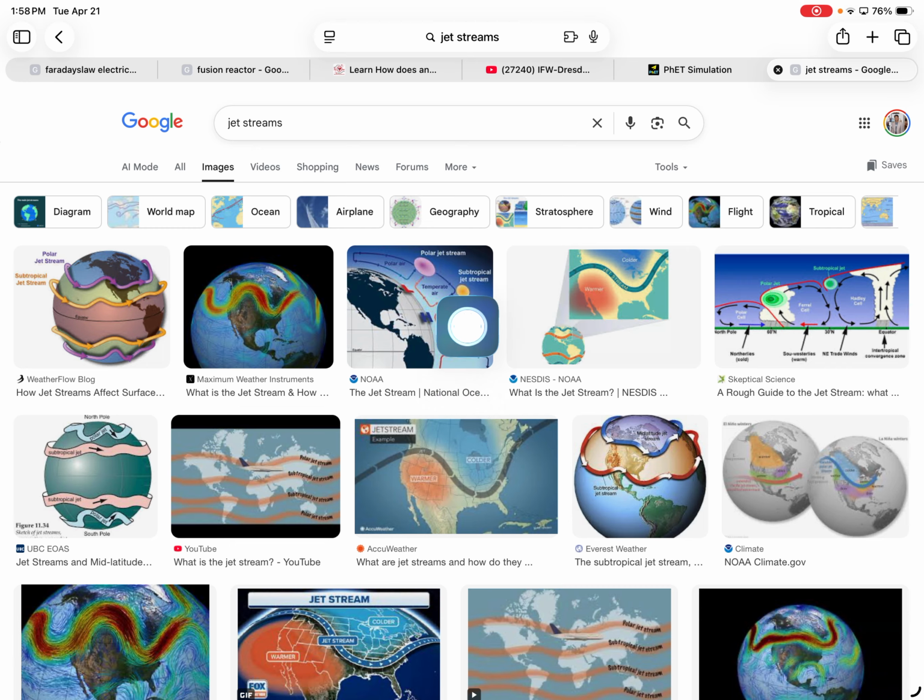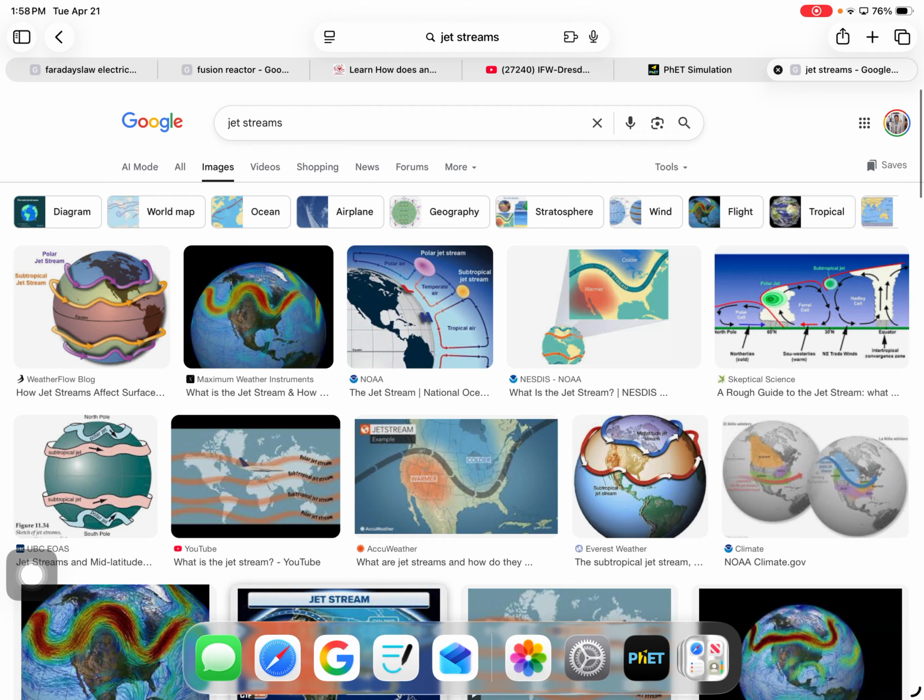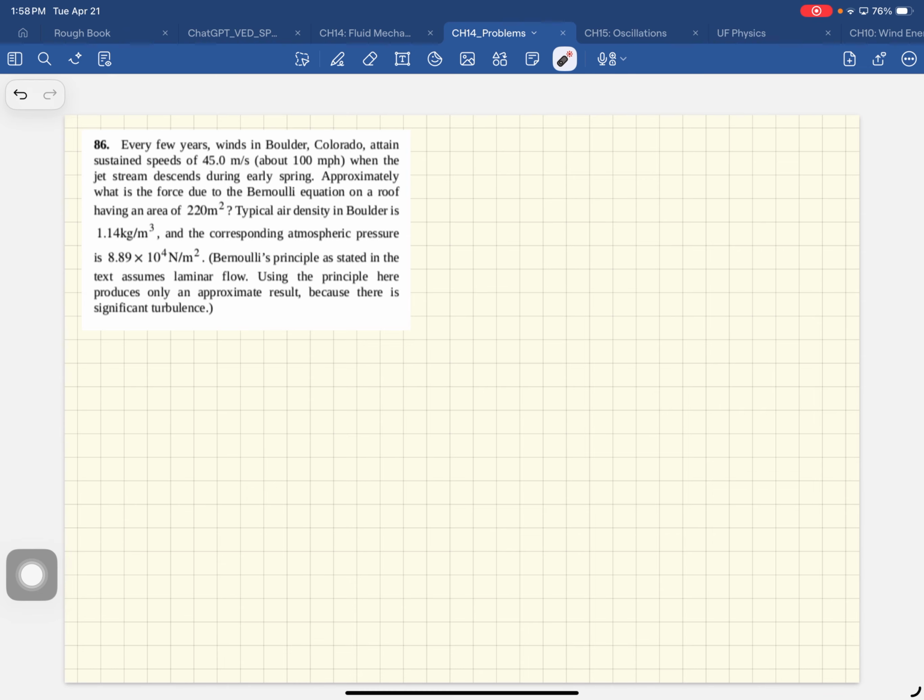for instance, at this point and this point, y1 and y2 are roughly the same, and you can cancel that. The difference in y1 and y2, that term is very small, so we can neglect that. So the force is P2 minus P1 times the area of the roof, and P2 minus P1 is 1/2 rho times V1 square minus V2 square, times the area.